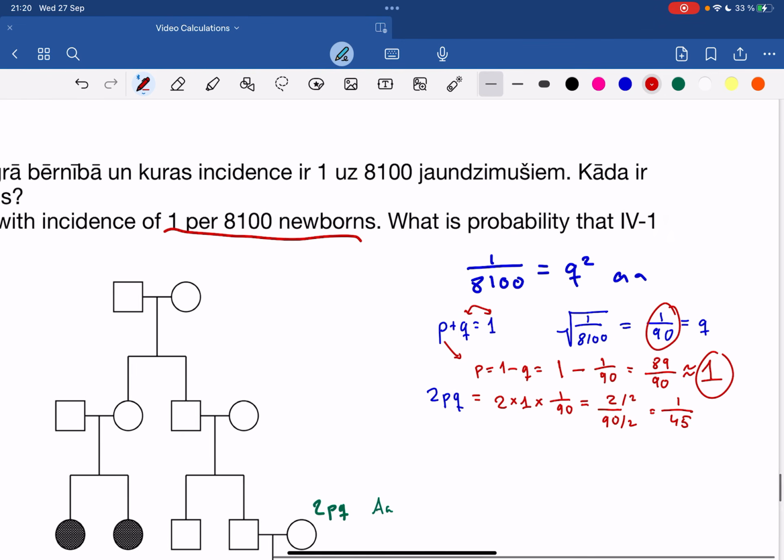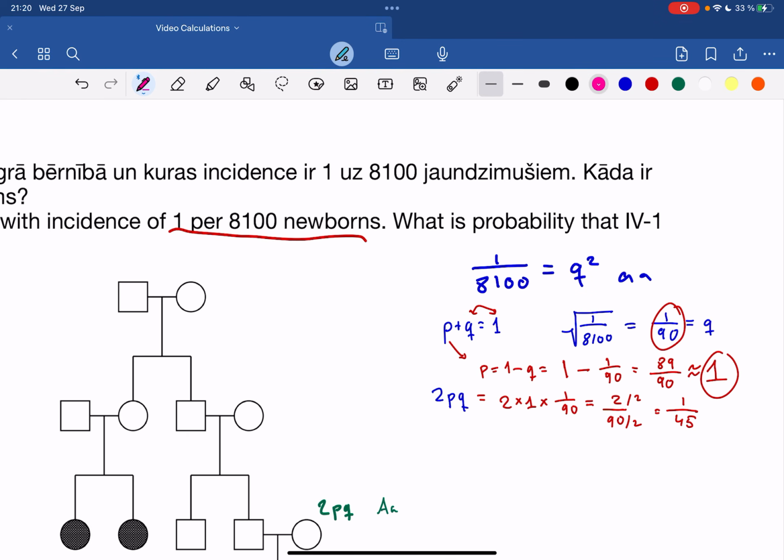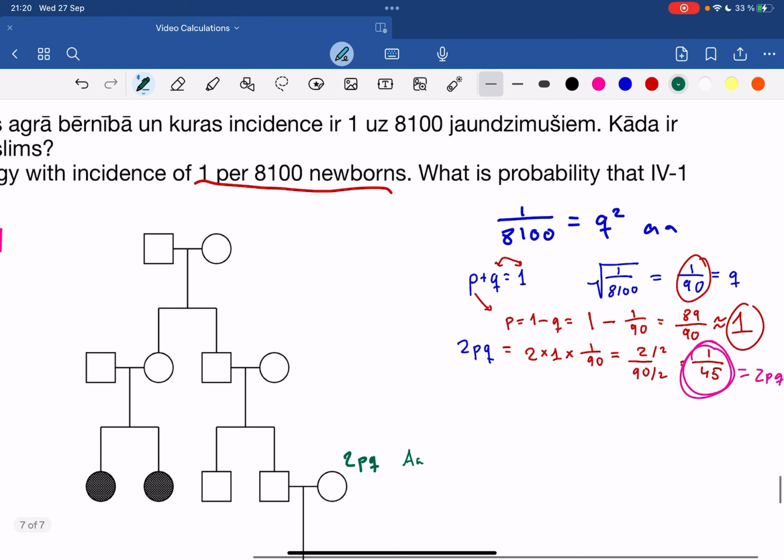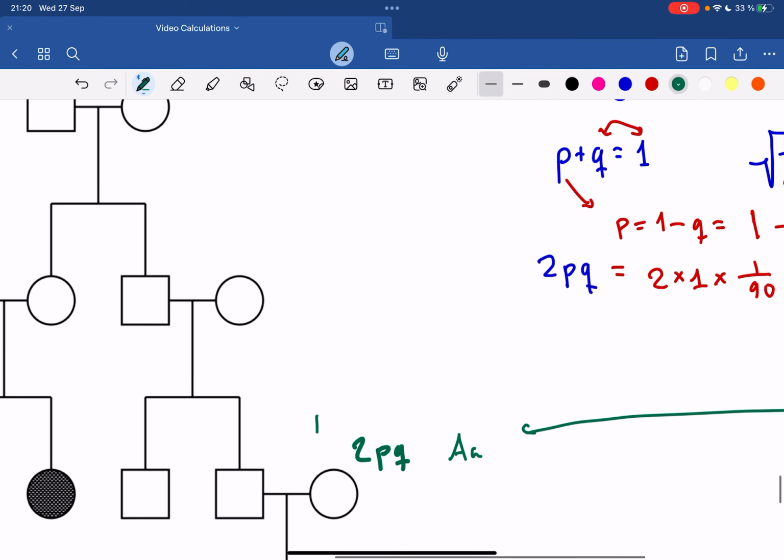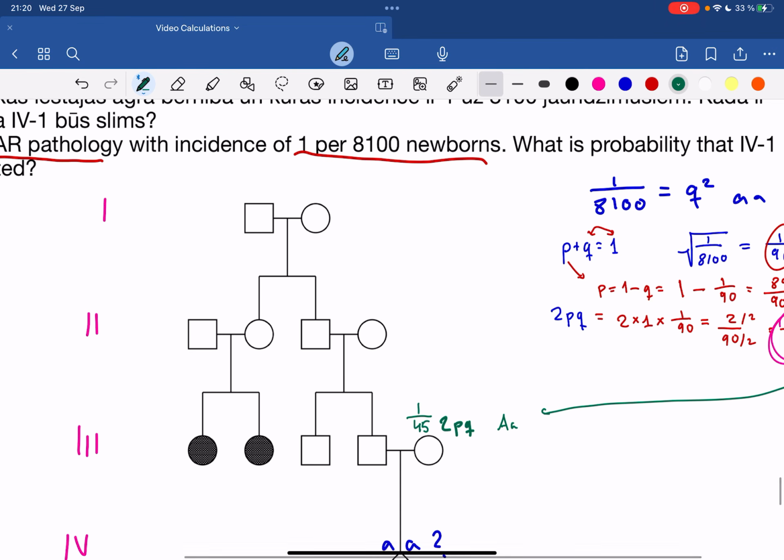So this is our 2pq. Now we know what our 2pq is, we can write it down: 1 out of 45. So we're done with the mother's probability. Now let's look at the father's.